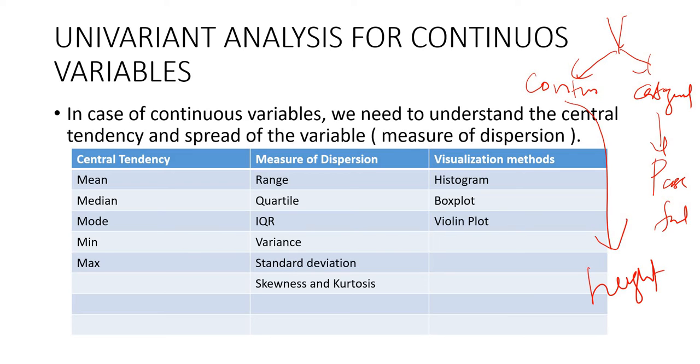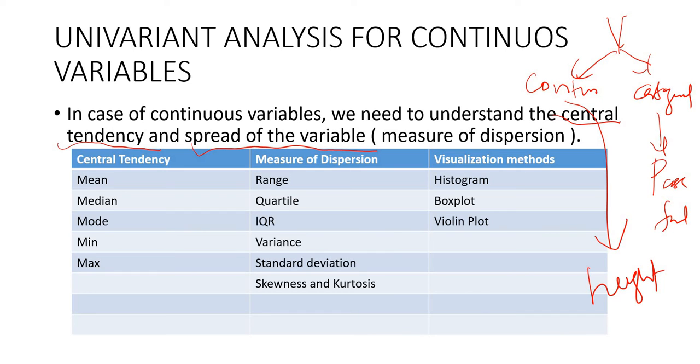So in the case of continuous variables, we need to understand the central tendency and the spread of data. In statistics, we always use the central tendency and the spread of the variables. The spread of the variables is also known as the measure of dispersion. When you learn physics, light rays, you learn dispersion.